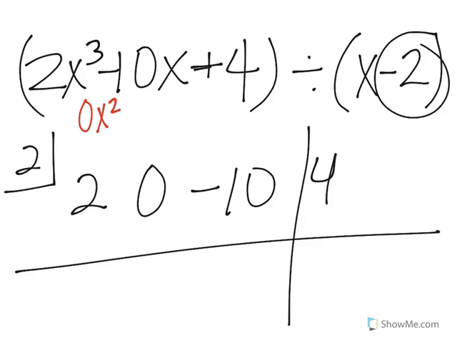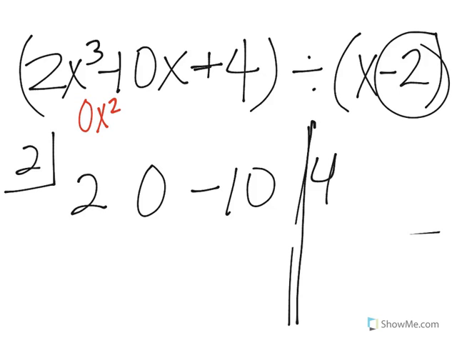So anytime you're doing synthetic division, if there's a missing descending exponent, so if you're going 2x to the 4th plus 2x squared, if you're missing that x cubed, you have to account for that spot by putting a 0. It's like having 0x cubed, just like we had 0x squared here.